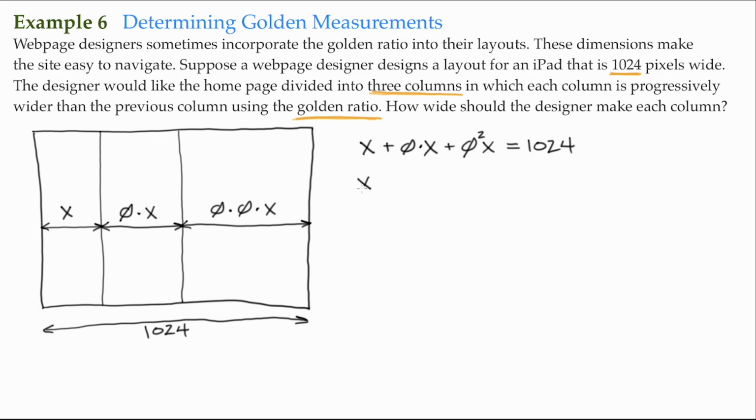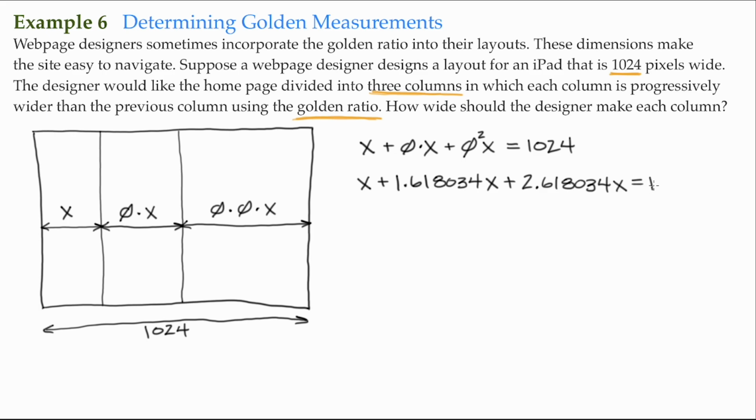So I have X plus phi. What's phi? 1.618034X plus phi squared X. Phi squared is 1.618034 squared, and that just happens to come out to be 2.618034X.